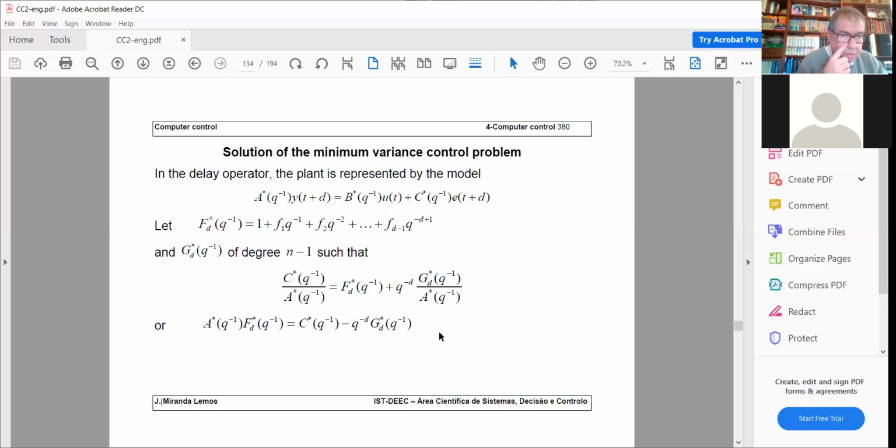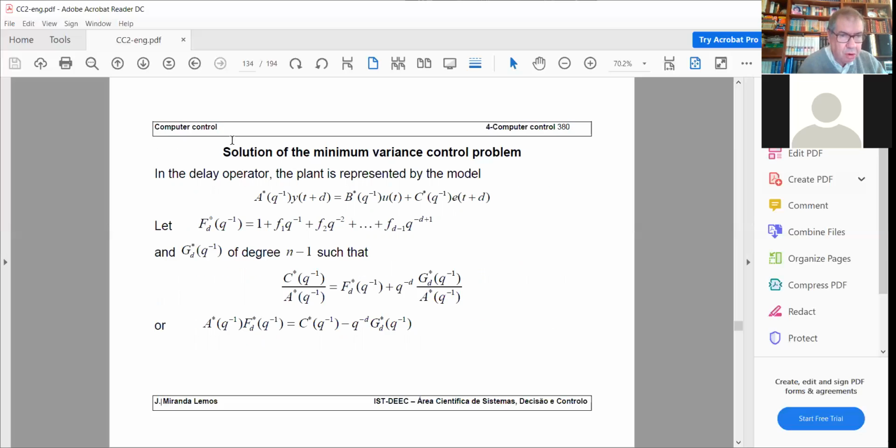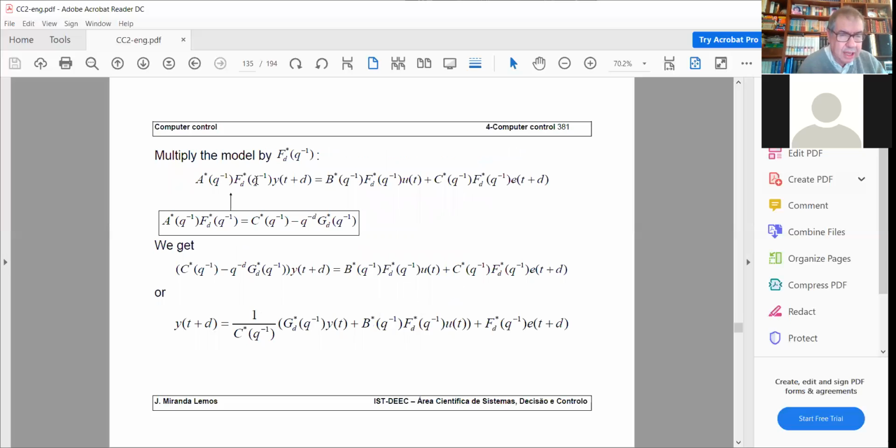So what shall I do? What I'm going to do is multiply all my model by F. Okay, so I pick up my model and I'm multiplying everything by F. FA, FB, FC. So it's written here, the next slide. AF y(t+d), BF u(t), CF e(t+d). Okay. Now, why do I have here u(t) and here y(t+d) and e(t+d)?